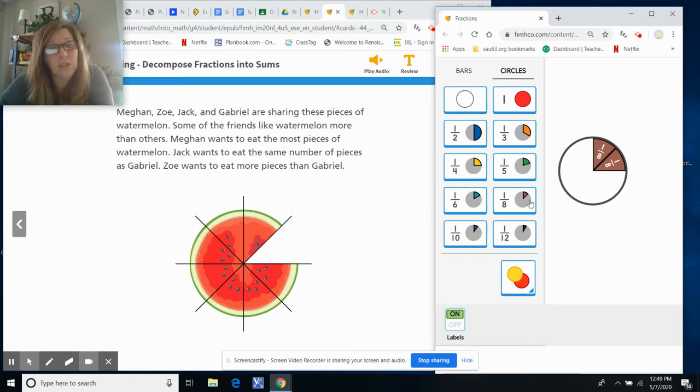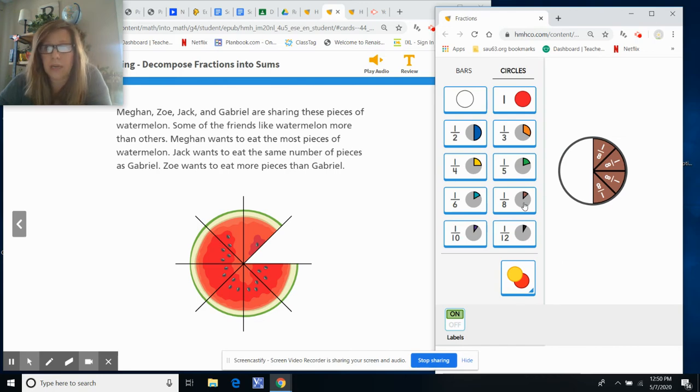Well, we know that Zoe's going to eat more pieces than Gabriel, so it's going to be more than 1. So let's put in 2 pieces for Zoe. Now we have Jack and Gabriel, and Zoe is eating 2/8. Well, we have 1, 2, 3, 4 out of the 7. If we subtract 7 minus 4, we end up with 3.